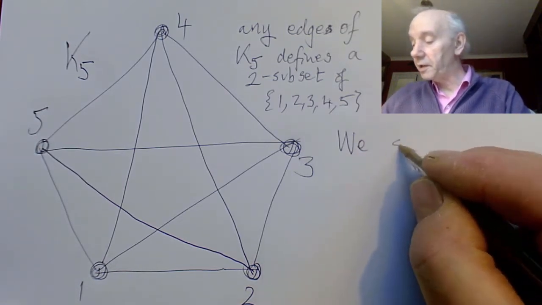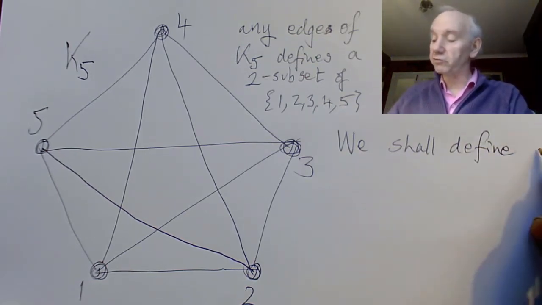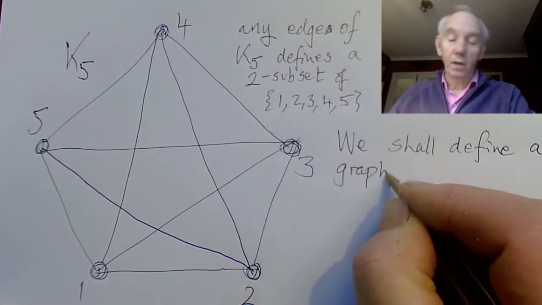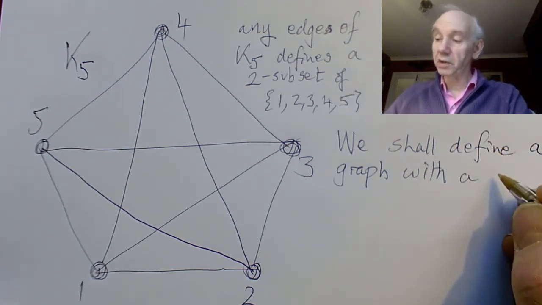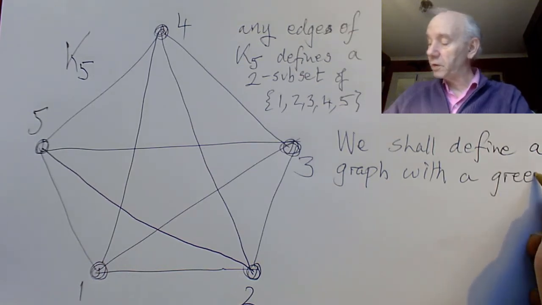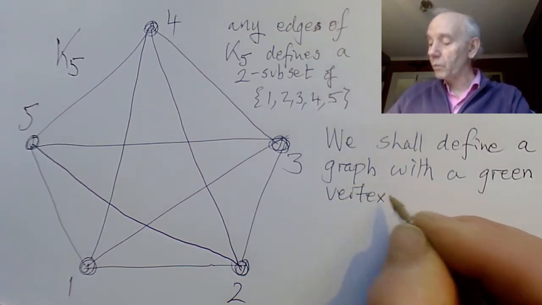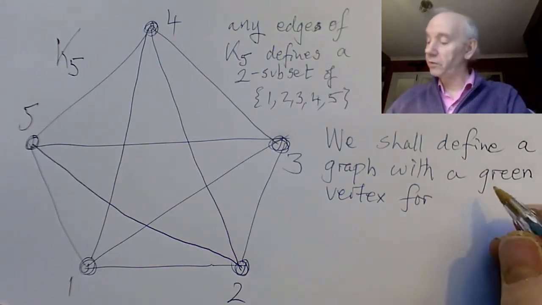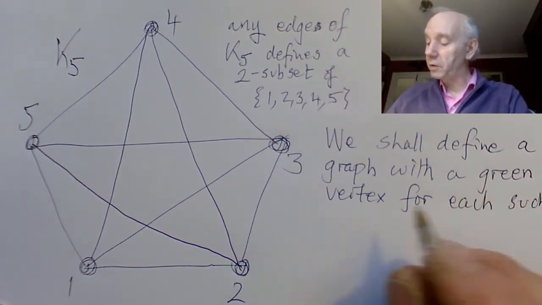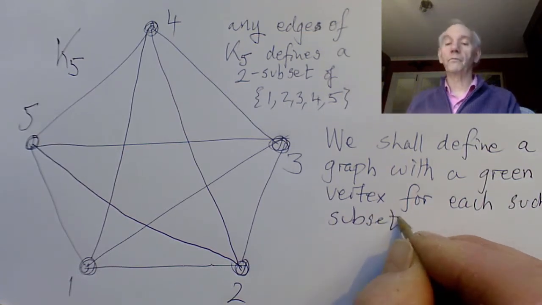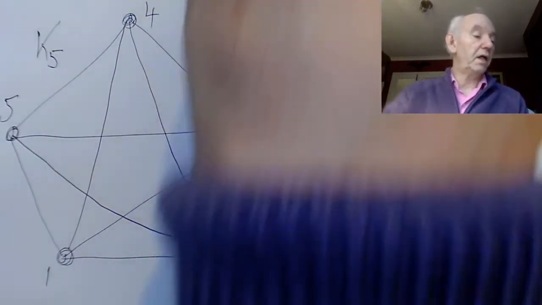So we shall define a graph, which will be the Petersen graph, with a green vertex for each such subset.